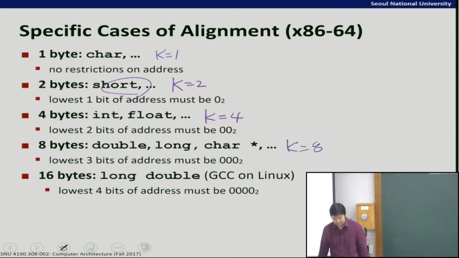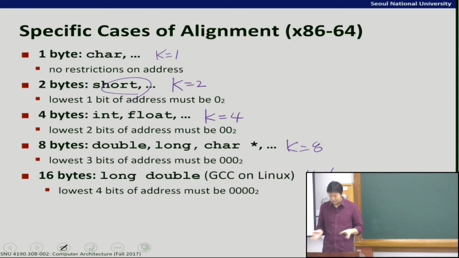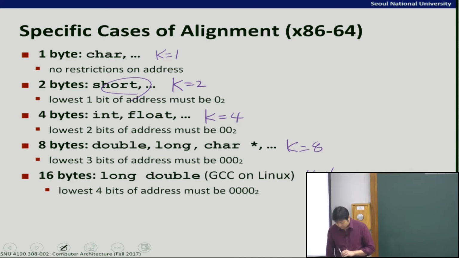If it's 16 bytes, long double, which is kind of an exceptional case, then your 4 LSBs must be 0. By the way, long double: when I explained floating-point values, there's a special Intel-specific format of long double, which is a 16-byte floating point, more precise than the double-precision data type. But it's not very widely used, so it's largely there for legacy reasons. But if you're curious.